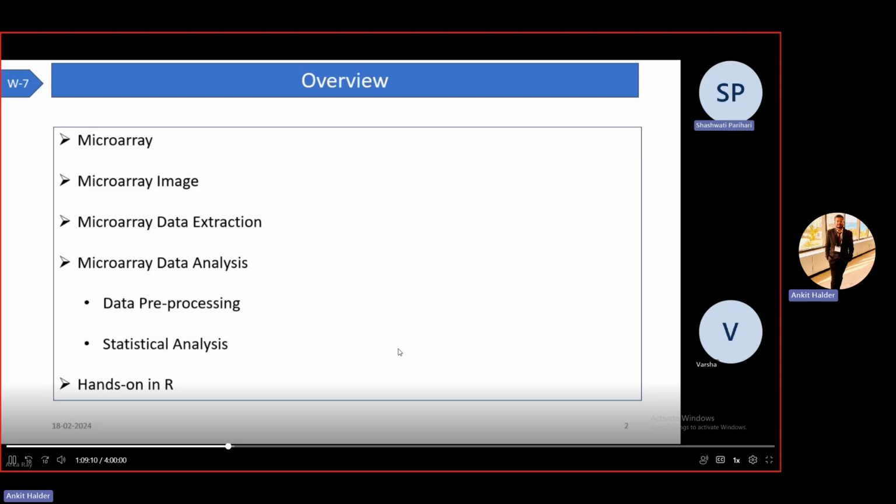In the demonstration in the lab I showed you when I turned on the scanner, you could see the system being switched on and then the scanning at the very end. Then microarray data extraction, how to do the data extraction, then microarray data analysis, and finally hands-on.